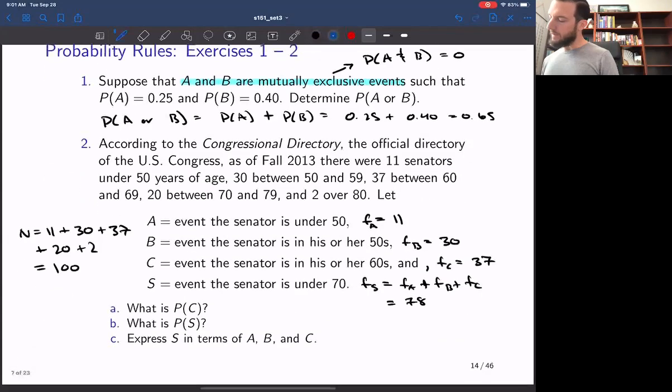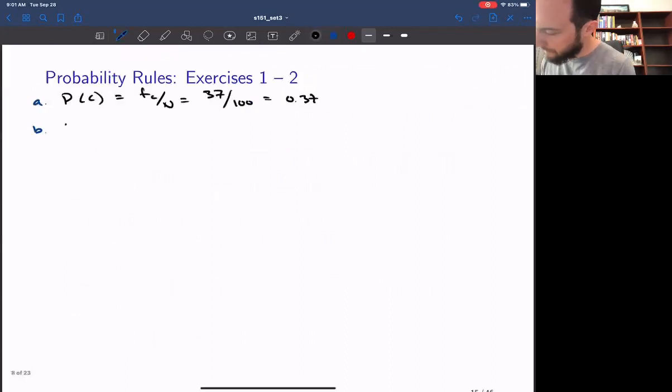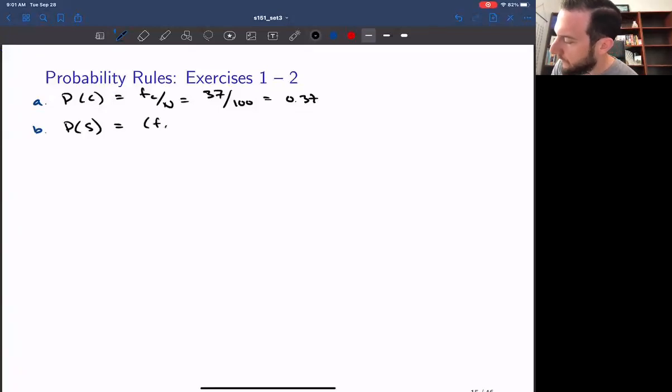In part B, it asks, what is the probability of S? So the probability of S is F of A plus F of B plus F of C divided by capital N. This is an illustration of a union, because S represents the union of A, B, and C. Here we have F of A plus F of B plus F of C, which we worked out to be 78.